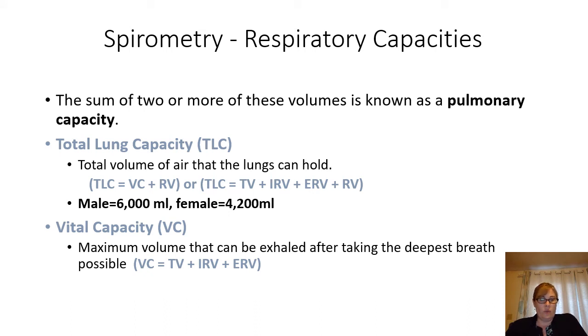And then when you take these numbers, you're going to add them together and figure out capacity, total lung capacity, or how much volume we actually have, usable volume. The sum of two or more of these volumes is known as pulmonary capacity. Total lung capacity is the total volume of air that the lungs can hold.